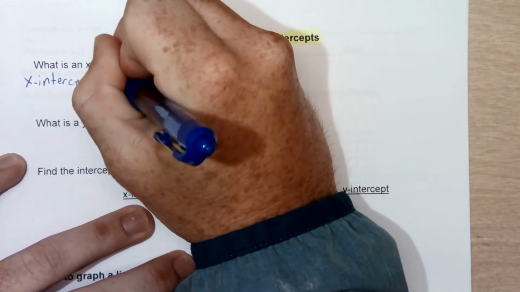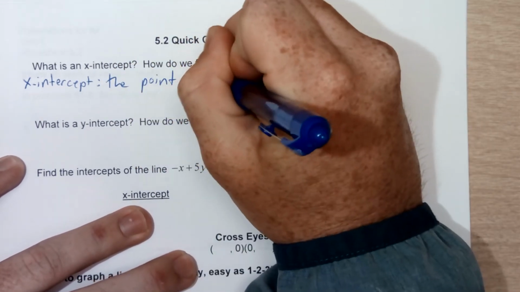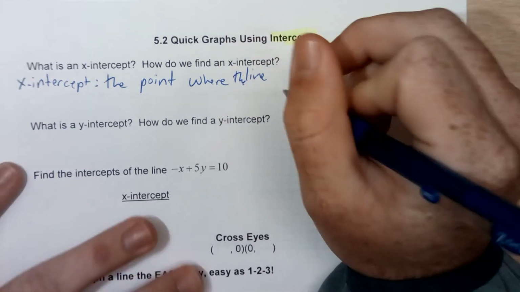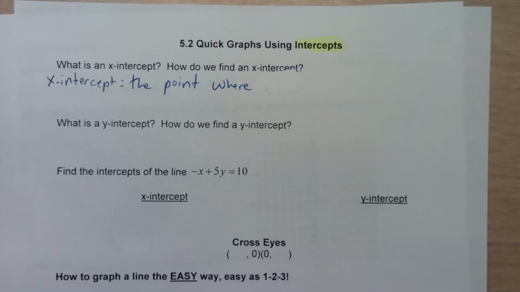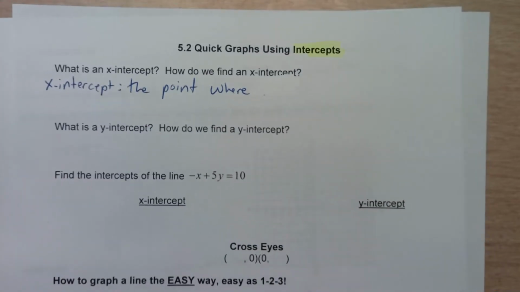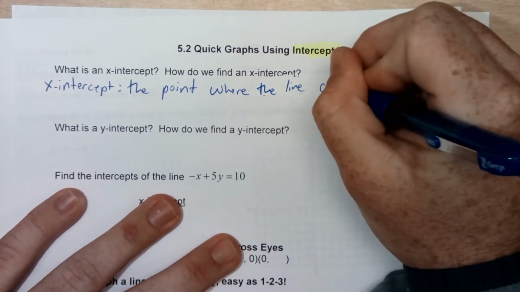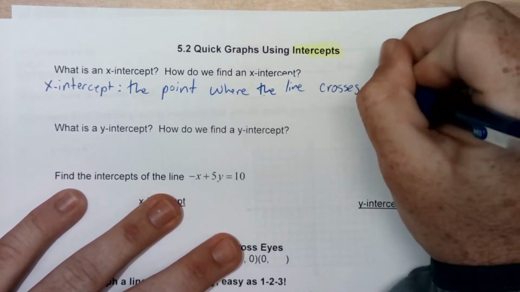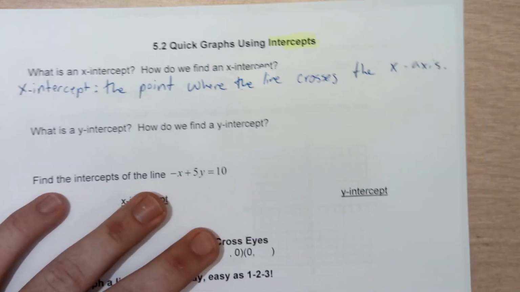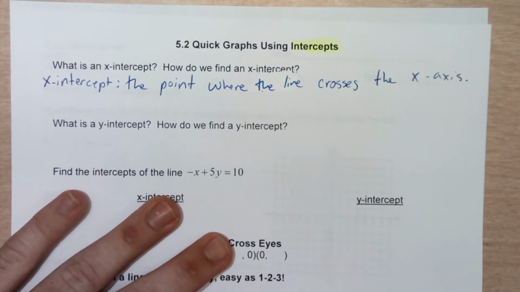So the x-intercept is the point where the line crosses the x-axis. Okay, the point where the line intercepts or crosses the x-axis.